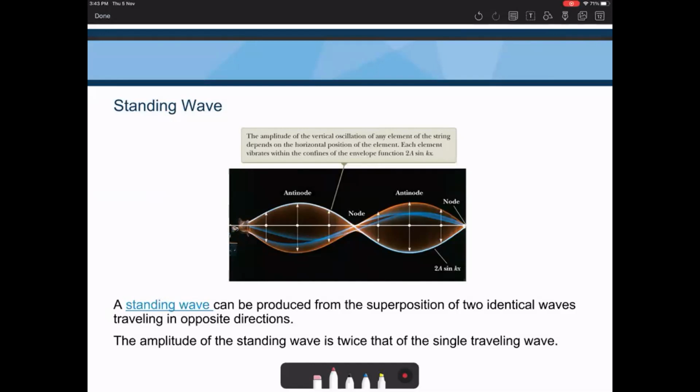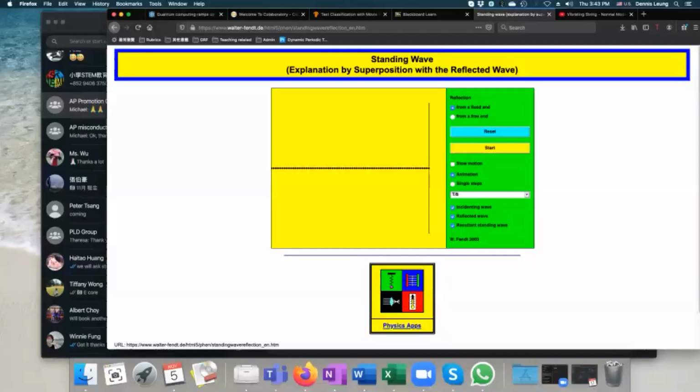So here, let us take a look at the screen. Let me just check. Okay, I should be showing the screen.